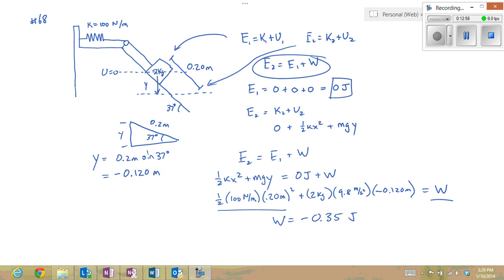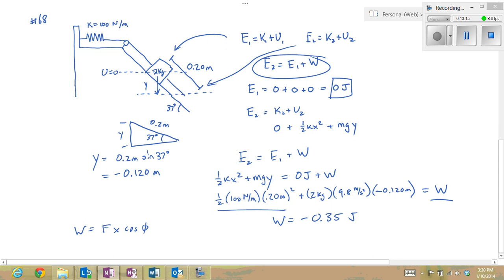And so we're going to use work to go from work energy to force. So remember that work is equal to force times distance times the cosine of the angle in between them. In our problem, the object is moving down the plane. The frictional force would be up the plane, and therefore the angle in between them would be 180 degrees, which would be a cosine of -1.